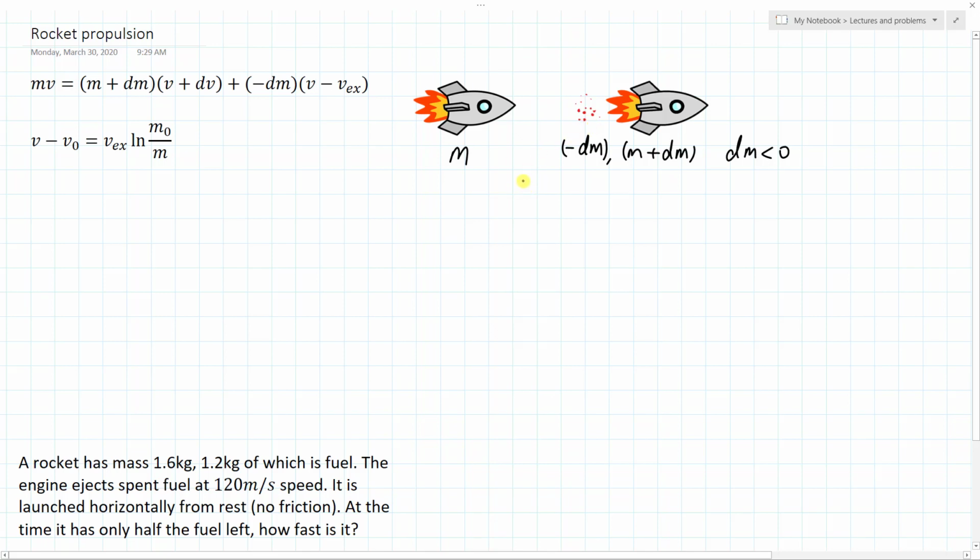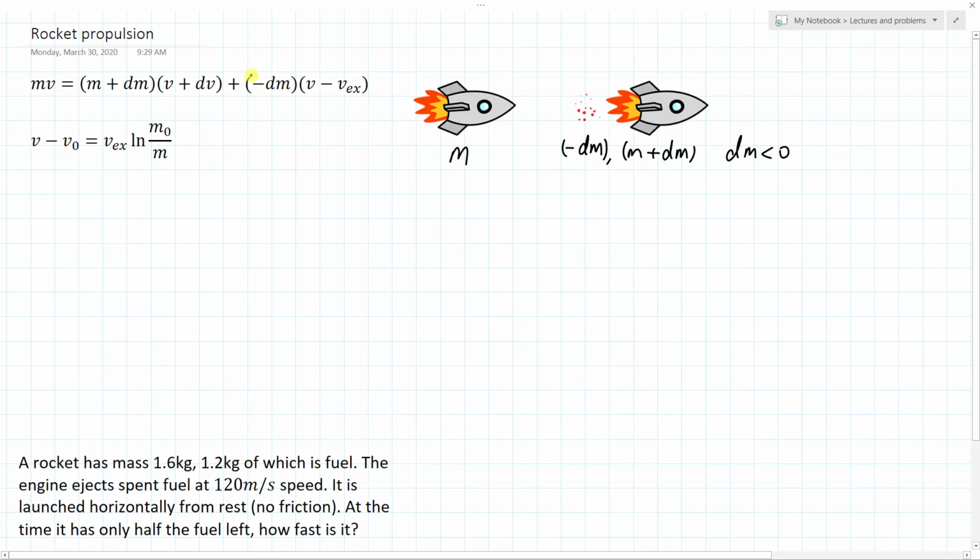Let's take a look at this equation here. This is the starting point. Before the separation of the rocket and this much spent fuel, altogether the system has momentum mv. After the separation, this is the new mass of the rocket, a little lighter, and this is the new velocity of the rocket. It is a little faster. This dv is a positive quantity.